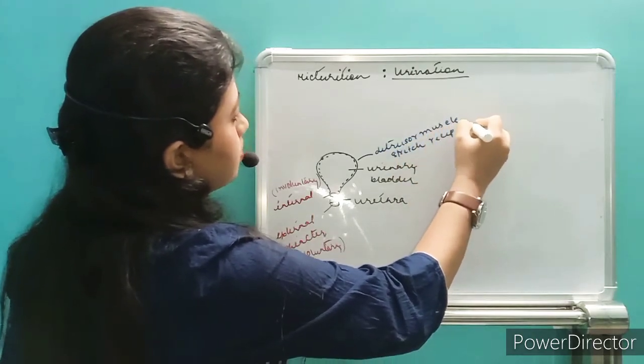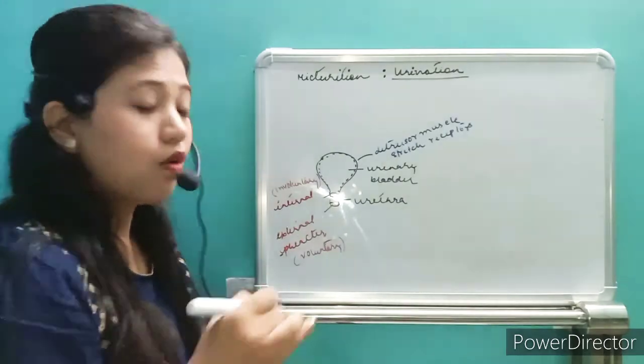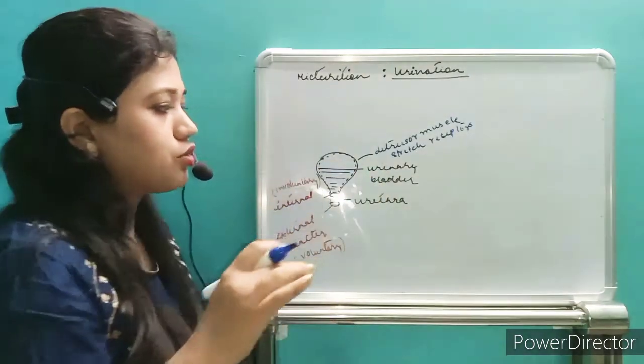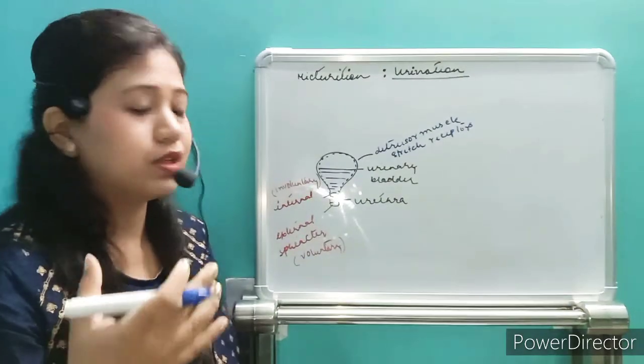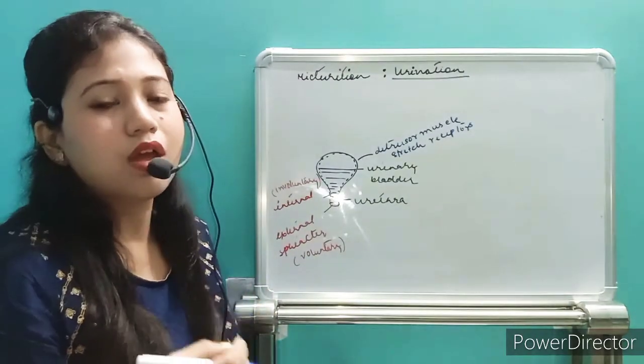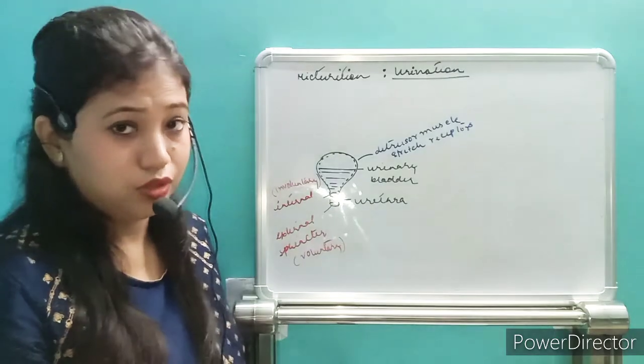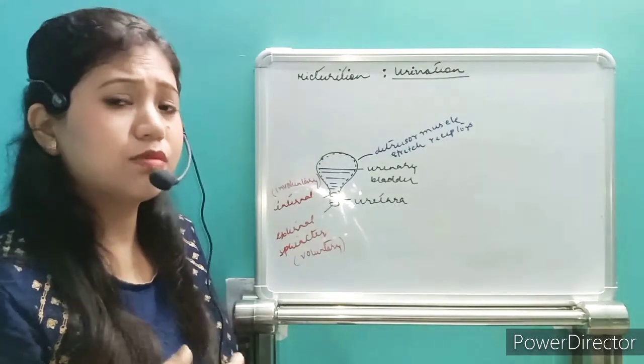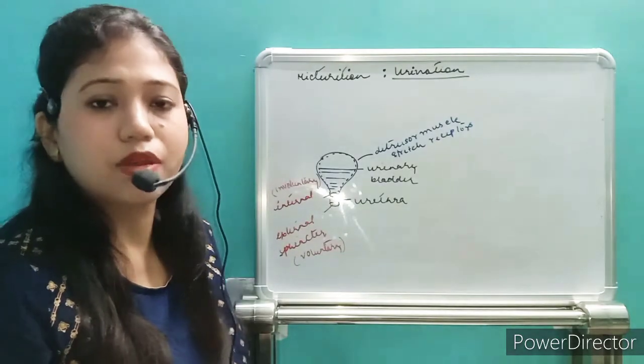These stretch receptors will be activated whenever urine starts to fill, up to around 500 ml of urine in the urinary bladder. Actually, maximally we can hold 1500 ml of urine.